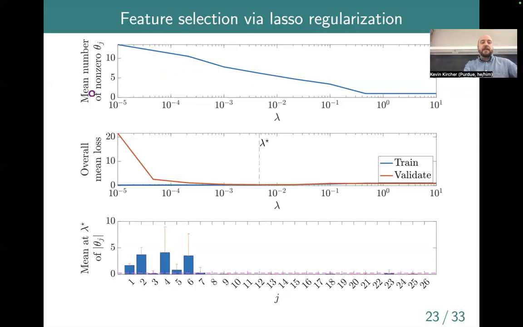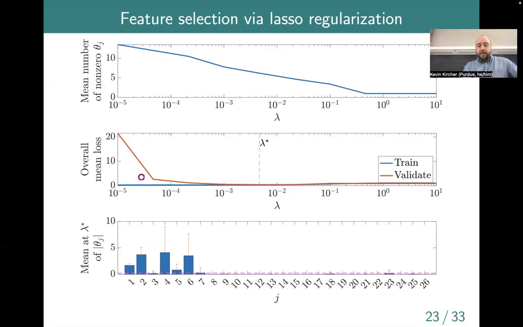Then this is the mean over the different k folds of the data, the different ways to slice the data, of the number of non-zero theta. So we begin with almost all of the theta non-zero, and we end with all but one equal to zero. And in between, we're knocking out thetas as we go.